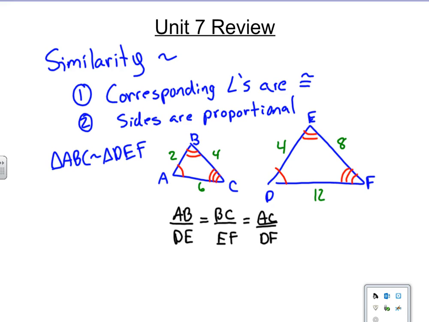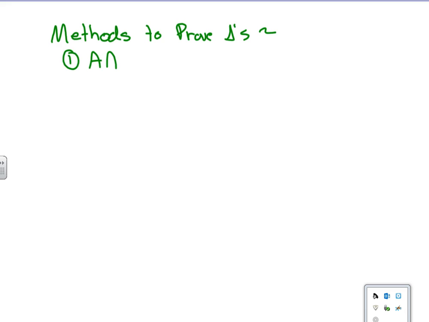We also talked about methods to prove that triangles are similar, and we have three methods. The first method is angle-angle similarity. This is very common if we're asked to do a proof; generally, that's going to be the reason. But we also have a couple of other reasons: side-angle-side similarity and side-side-side similarity.